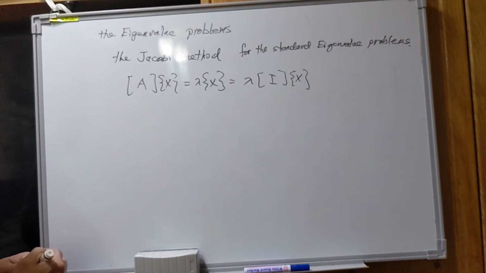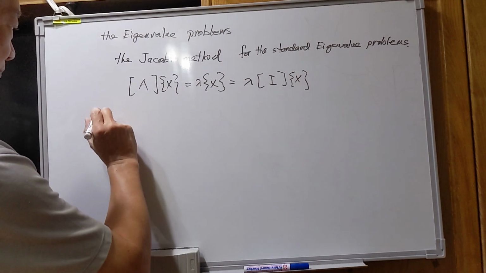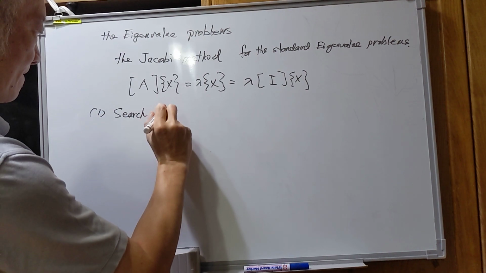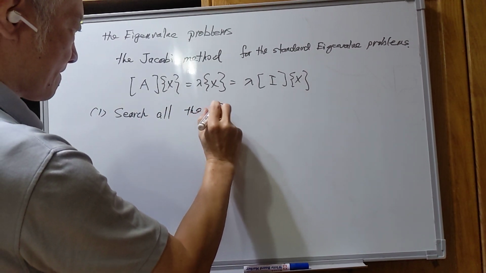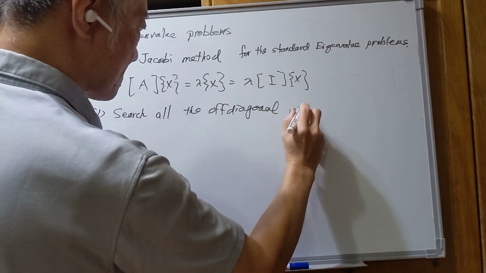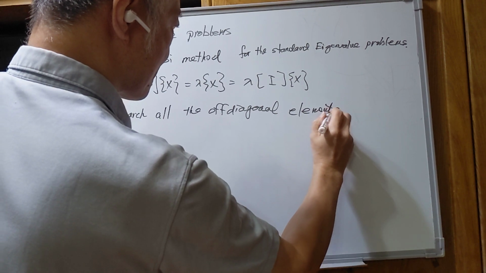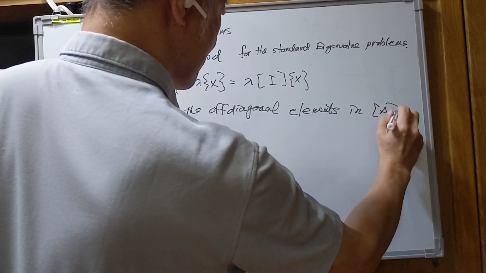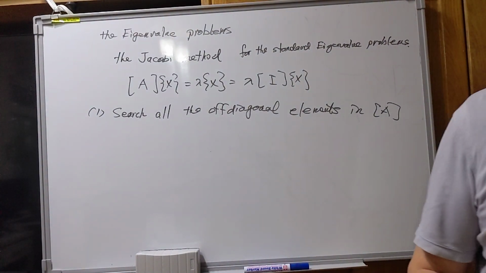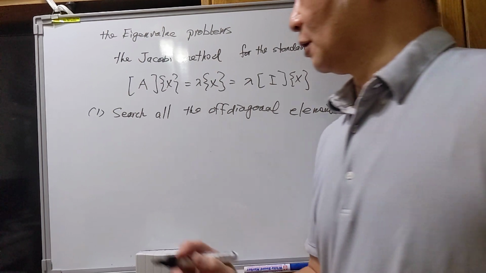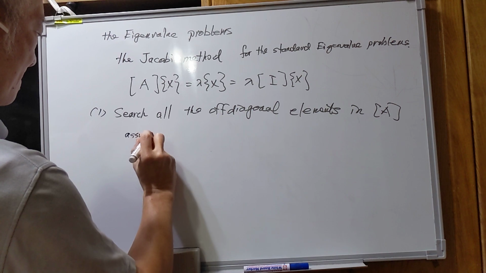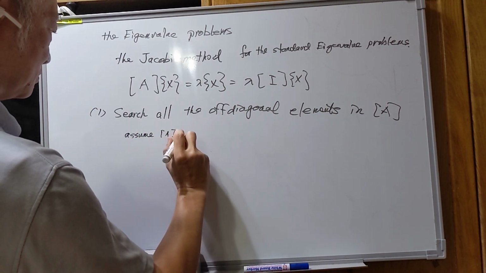For the Jacobi method, first, we need to search for the off-diagonal elements in A. Also, we will assume A is symmetric.